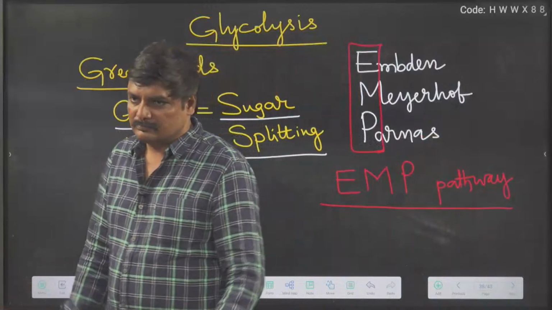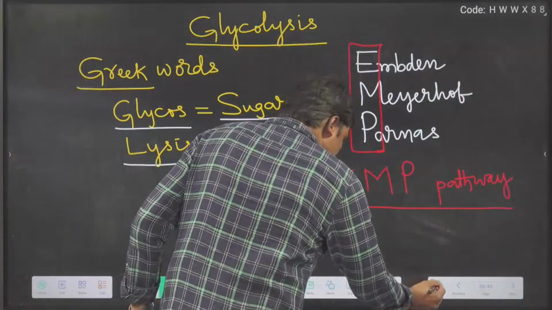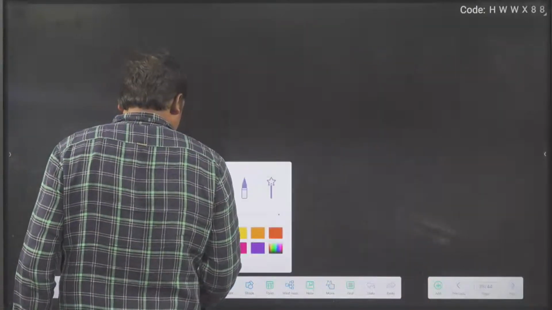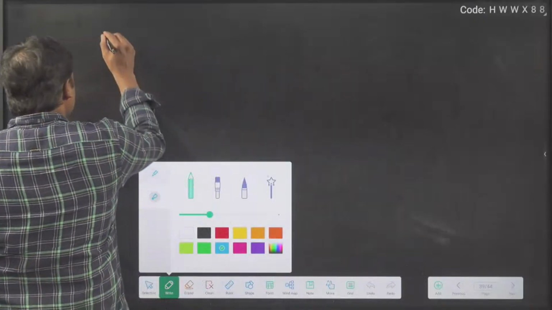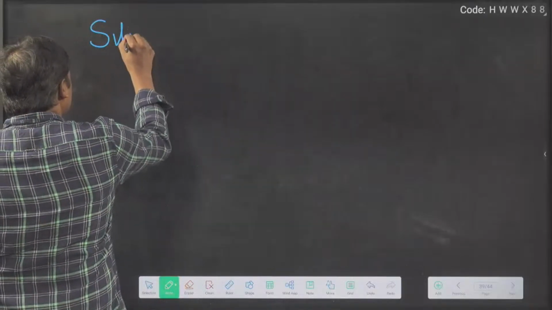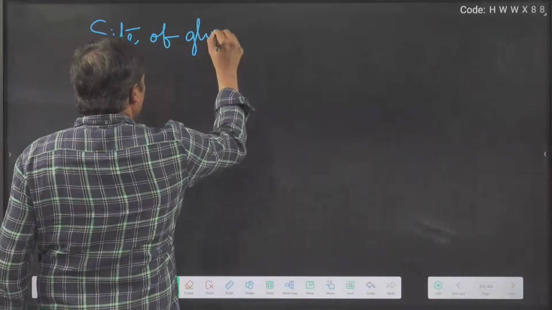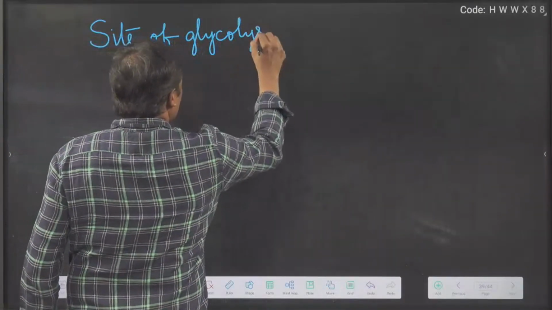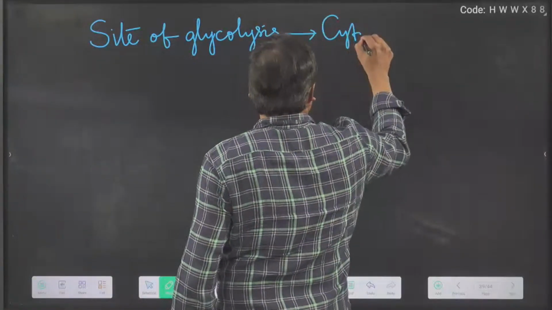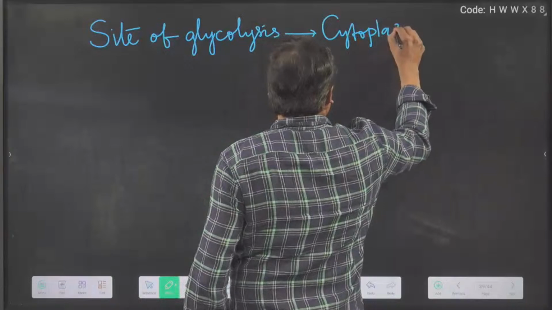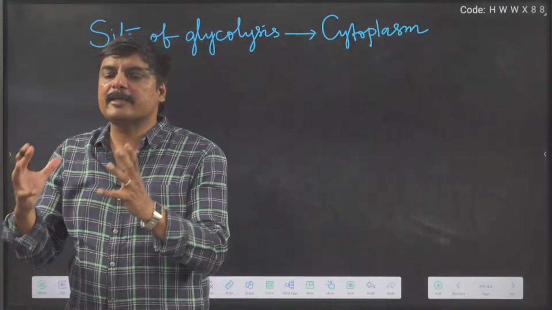Okay, clear? Now, where does glycolysis take place? The site of glycolysis is the cytoplasm.